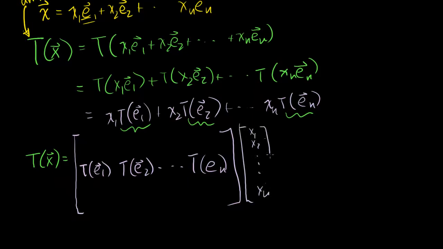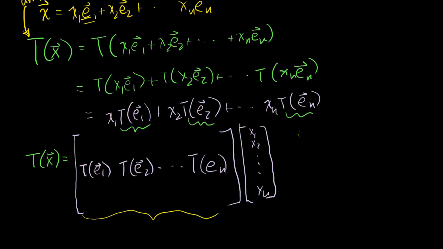We've seen this multiple times. Now, what's really neat about this is I just started with an arbitrary transformation, and I showed that an arbitrary linear transformation of x can be rewritten as a product of a matrix, where I'm taking that same linear transformation of each of our standard basis vectors to construct the matrix, and multiplying that matrix times my x vector is the same thing as this transformation.